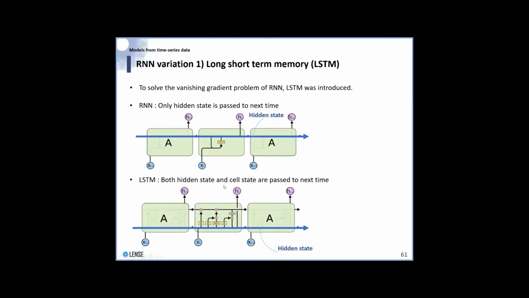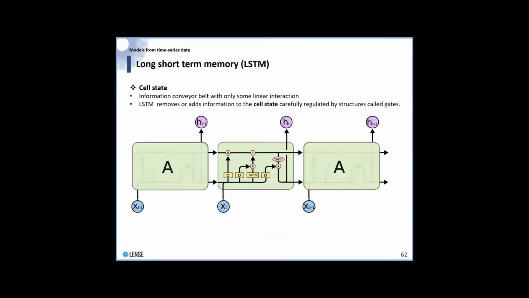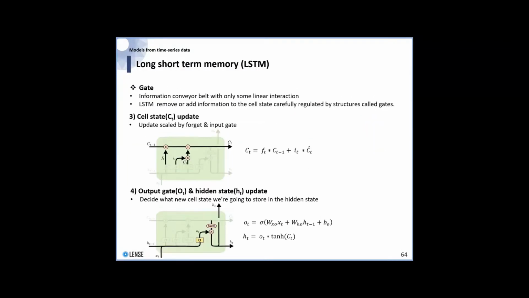Okay, so that's LSTM. LSTM is designed to overcome this vanishing gradient problem and the fact that RNN is not able to model really long-term memory. But it's obviously much more complicated to train.